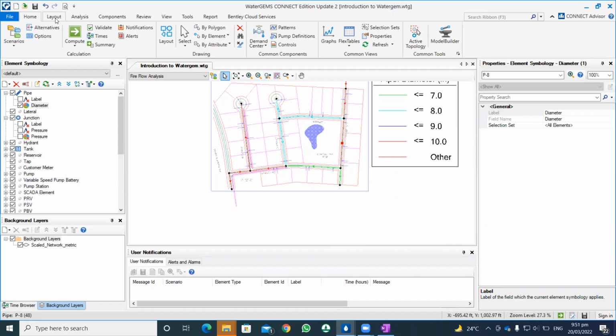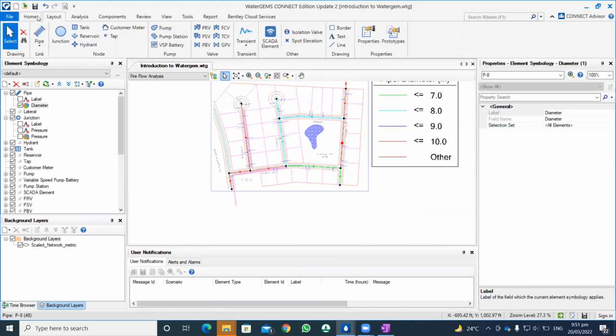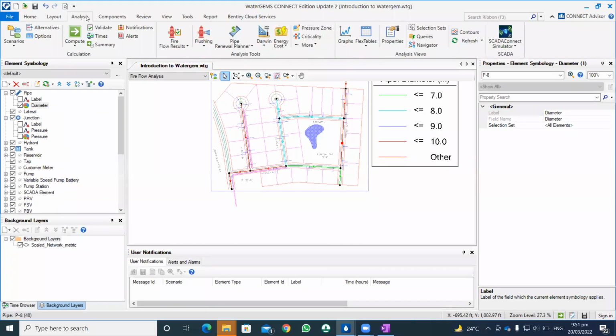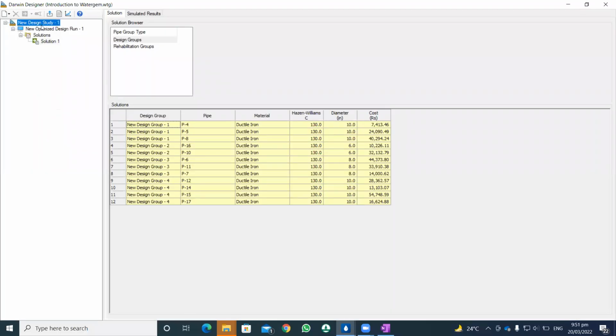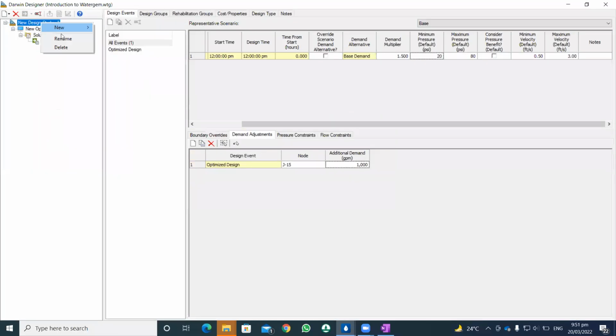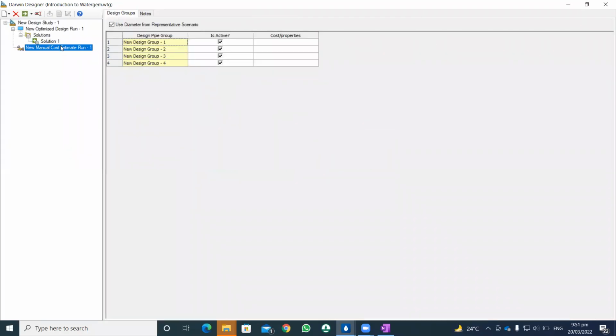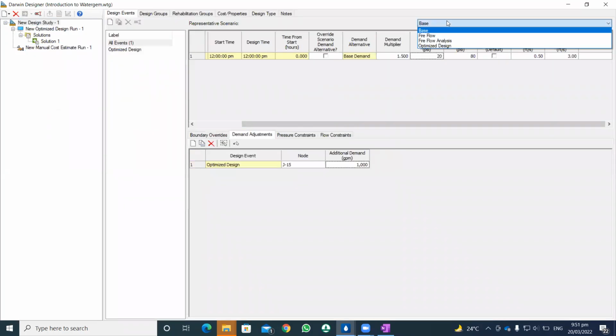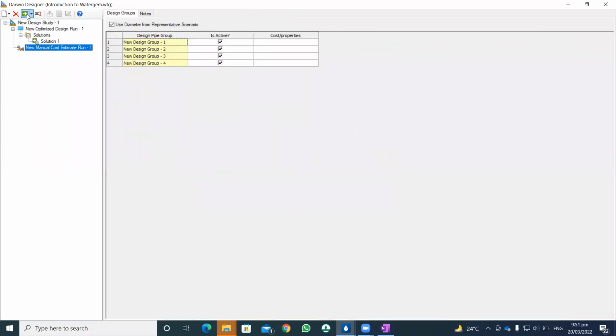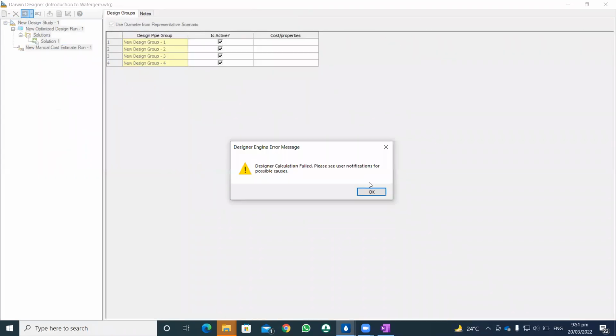So now I want to show you another thing in Darwin Designer as well. Okay, for example, if you want to calculate the cost of a specific scenario, then you can select this scenario from here and just run that.